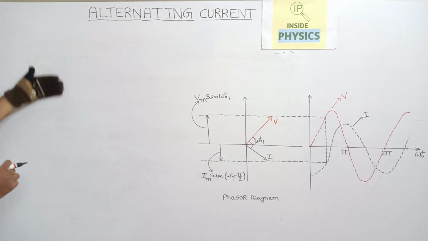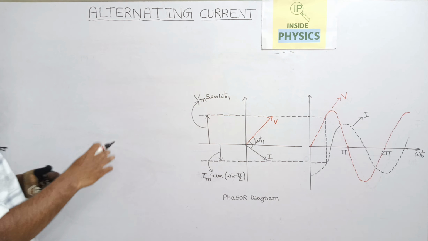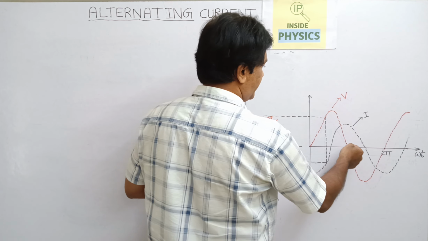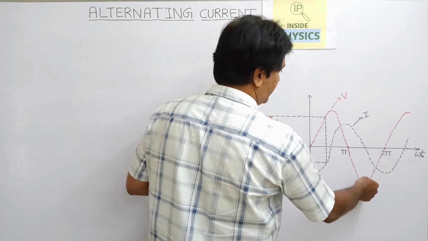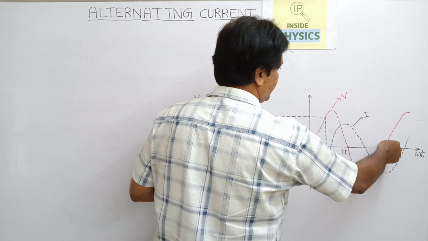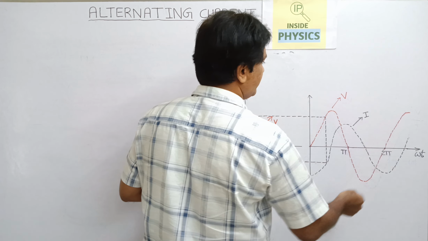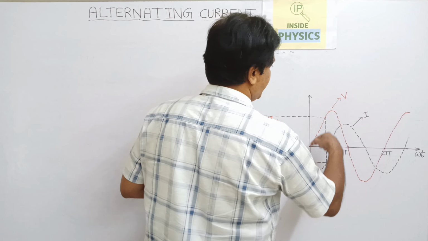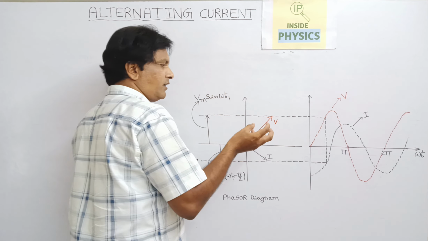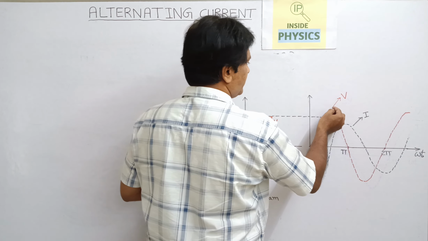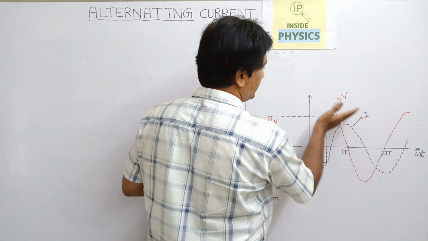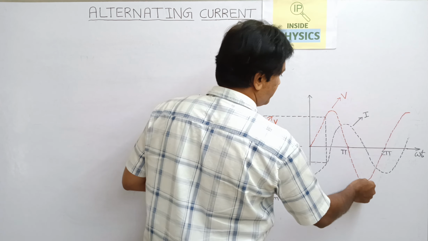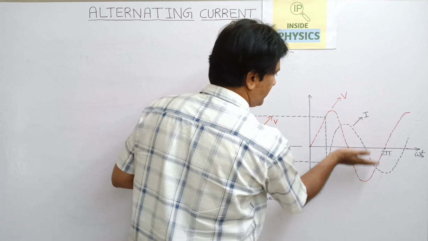So first, we will see the cases when the current is increasing and decreasing, when it is again increasing in the negative direction and again decreasing in the negative direction. This is the positive side, this is the negative side. In an inductor, what happens when the current is increasing from 0 to maximum and maximum to 0 on the positive side, and from 0 to maximum and maximum to 0 on the negative side?